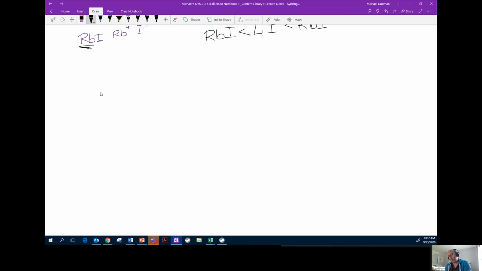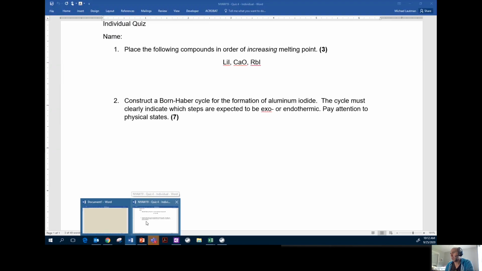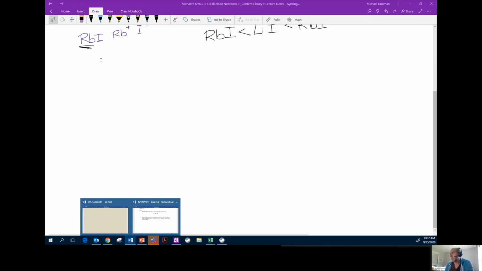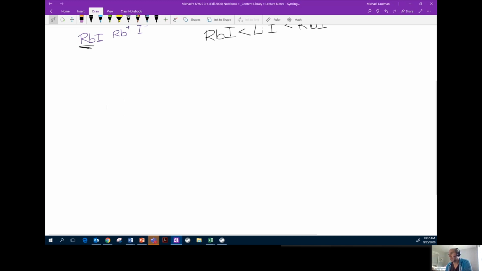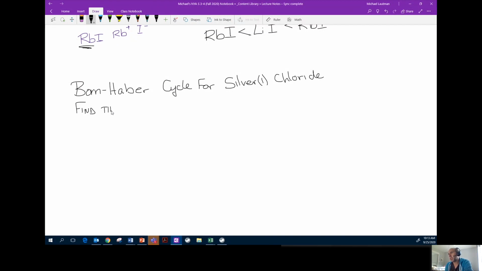The Born-Haber cycle, I did an example for sodium chloride, I guess, right? So let's look at a different one. All right, so let's look at silver chloride. The goal here is to ultimately find the lattice energy.